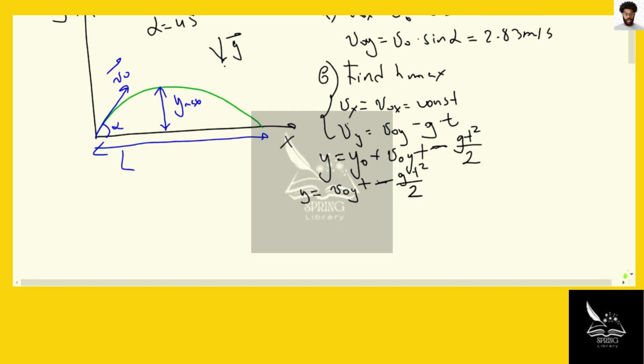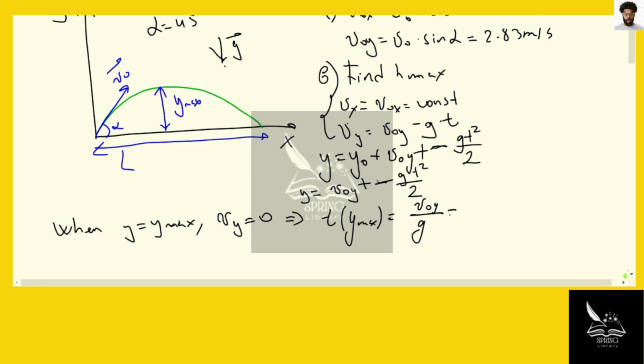When the maximum height is reached, so when y equals y maximum, the vertical velocity equals 0. Therefore, time which is required to reach the maximum height equals the initial vertical component of the velocity divided by g, which is 0.283 seconds.